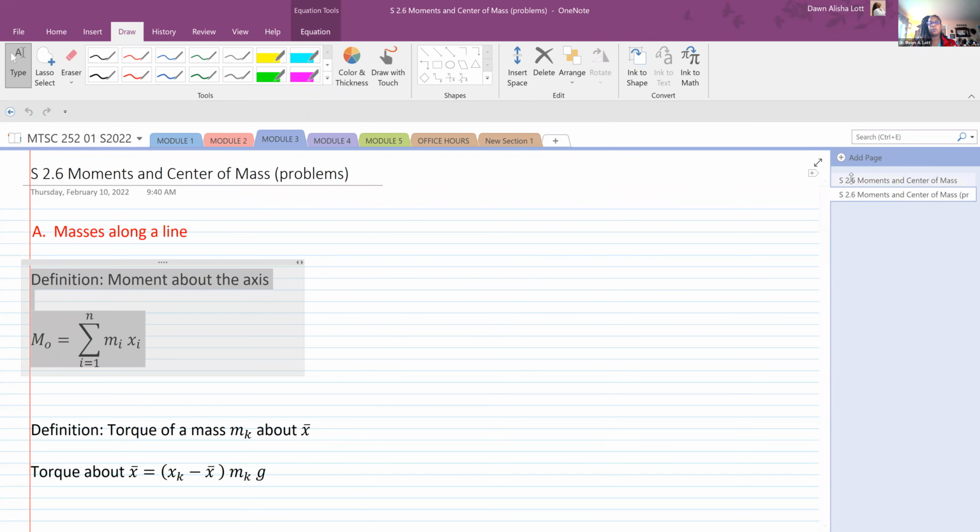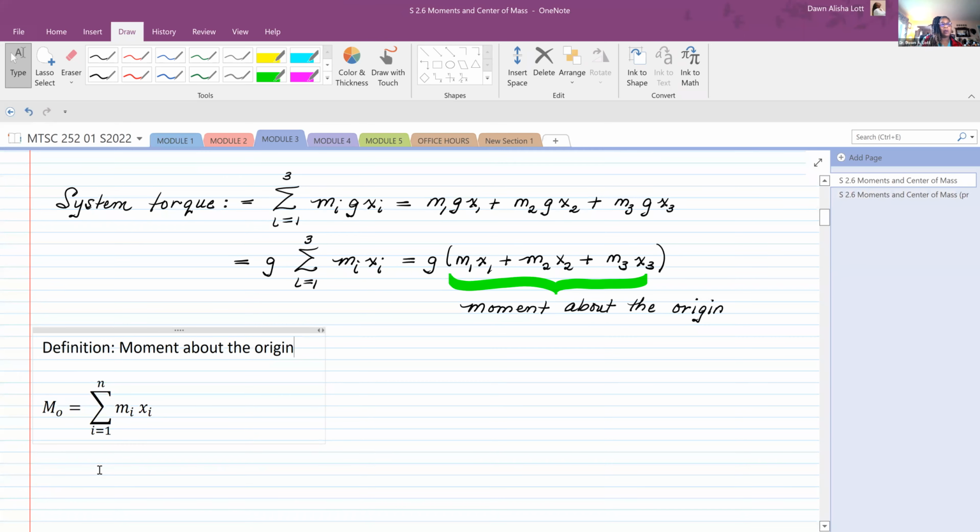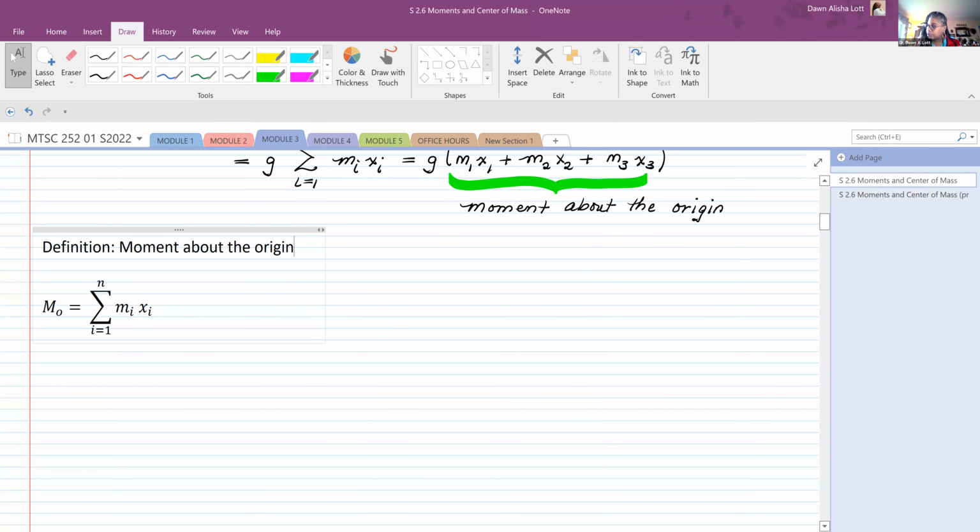Okay, so our goal would be to place the fulcrum. Dr. Lott, what's the fulcrum?